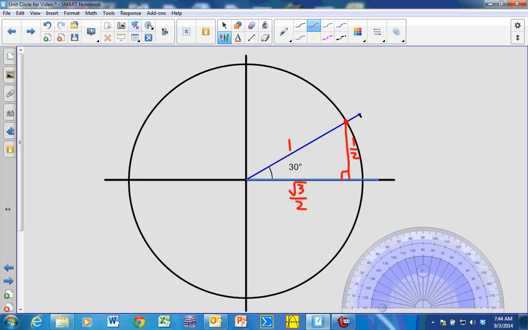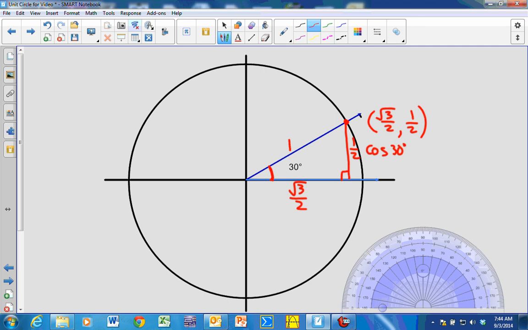That means the coordinates of this point right here are, you go x first, square root of 3 over 2, comma, 1/2. Also, if we look at this triangle and do our trig functions, we will notice that to find the cosine of 30 degrees, you would take adjacent over hypotenuse.